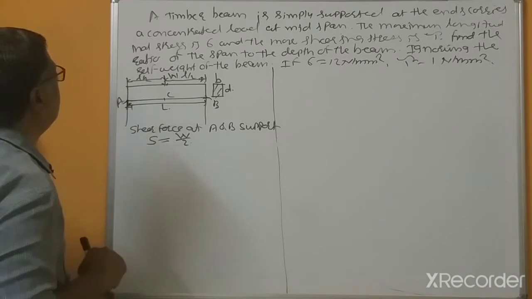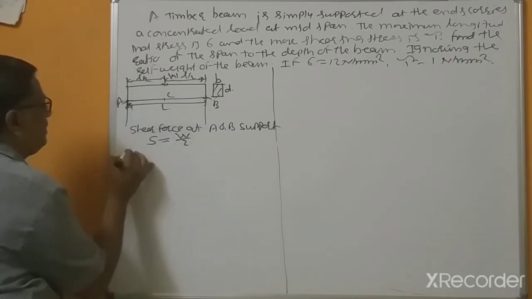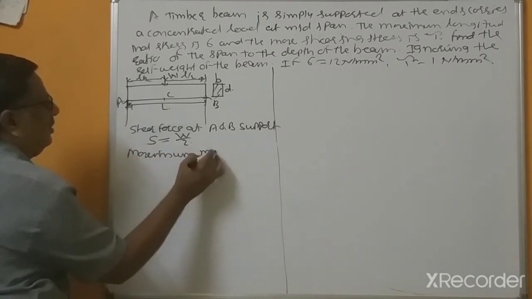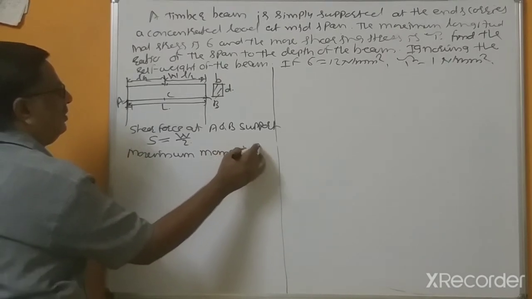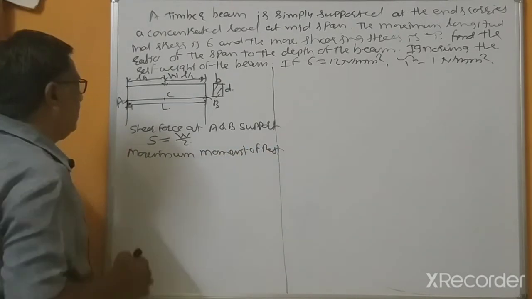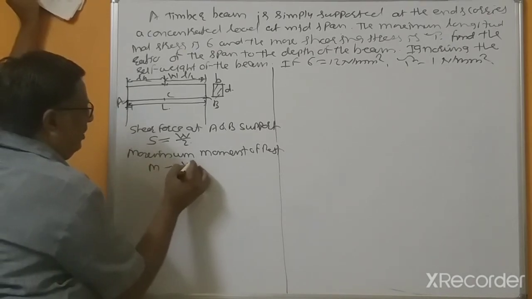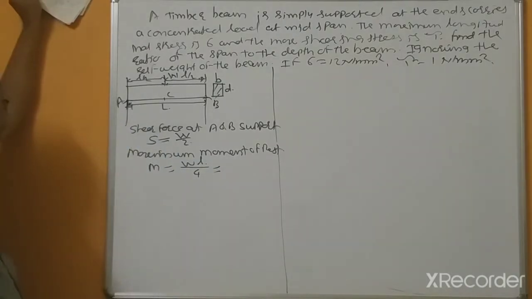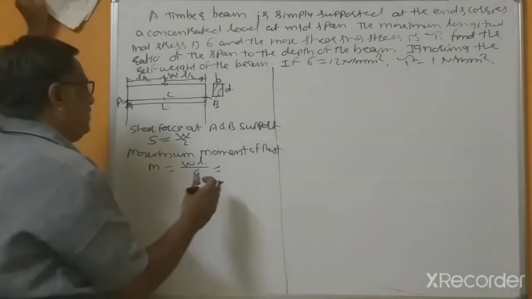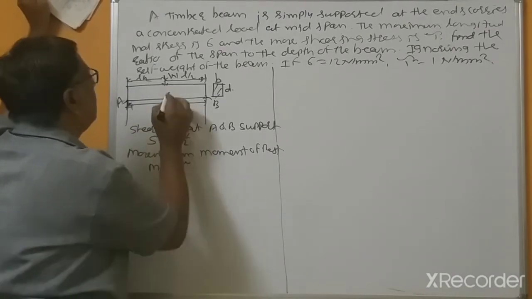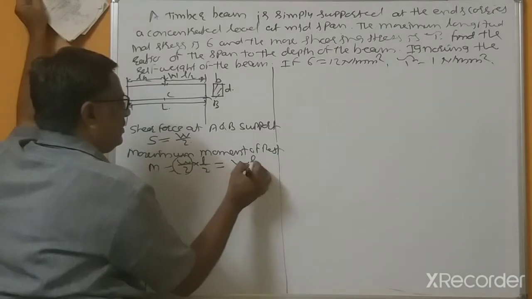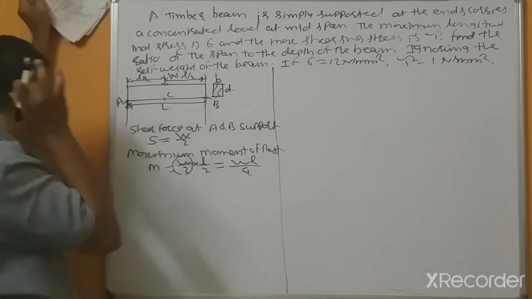Similarly, the maximum moment of resistance M equal to WL by 4. Why is this WL by 4? Because about C, this is W by 2 and this is L by 2. This is force multiplied by this distance, so this is WL by 4.